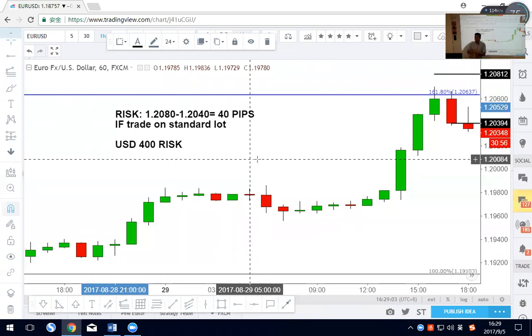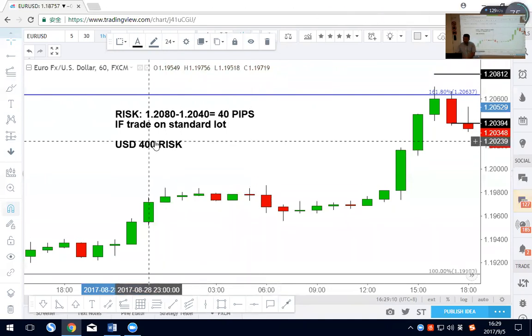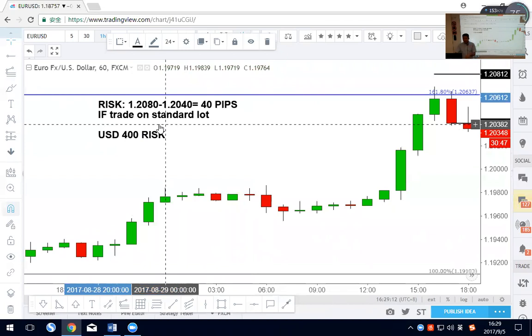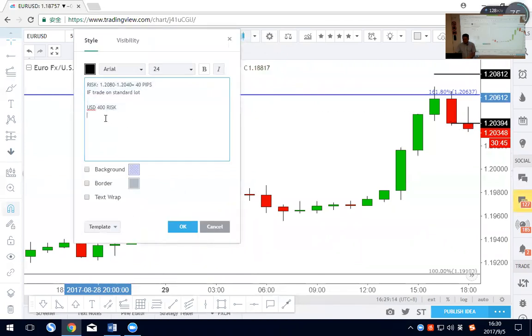If you are not comfortable enough to take this $400, you should reduce your position size, right? Say for example, if you only want to risk 200, how many lots can I sell? It's 200 divided by 400, which is 0.5 lots, right?